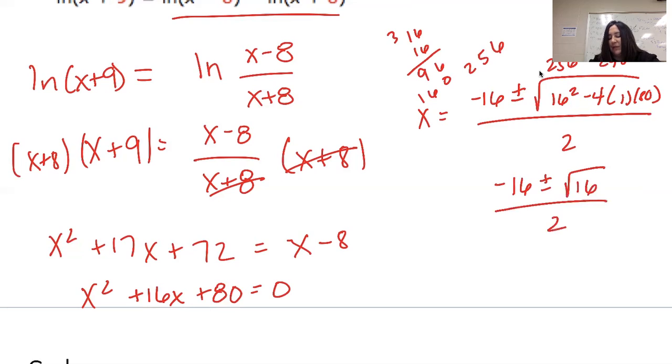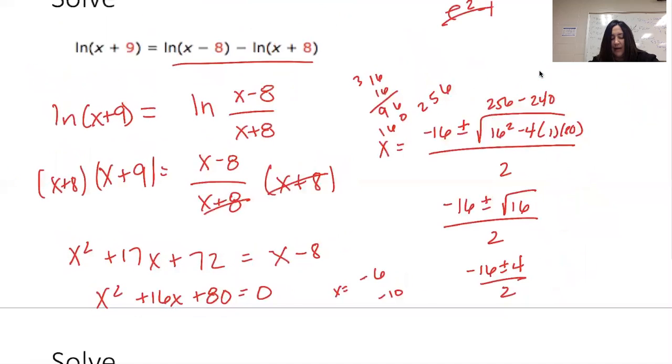Well, the square root of 16 we know is 4. So we have negative 16 plus or minus 4 over 2. Negative 16 plus 4 is a negative 12. Divided by 2 is a negative 6. So we'd have x equals negative 6. Negative 16 minus 4 is a negative 20. Negative 20 divided by 2 is a negative 10.